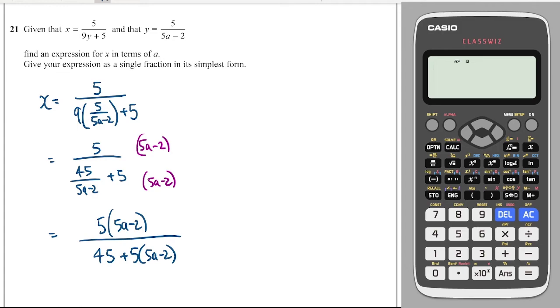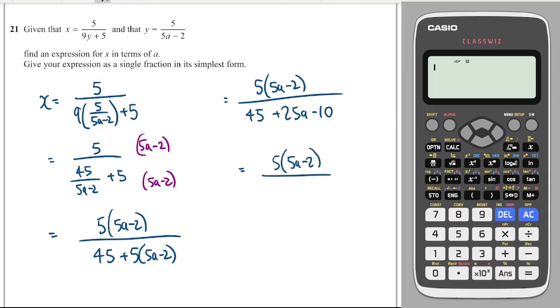Okay, now I'm going to want to expand the denominator, and that's going to give me 45 plus 25a minus 10, and then simplifying further, I will get 35 plus 25a, and I've spotted there's a factor of 5 on the denominator, which is helpful because there's also a factor of 5 on the numerator.